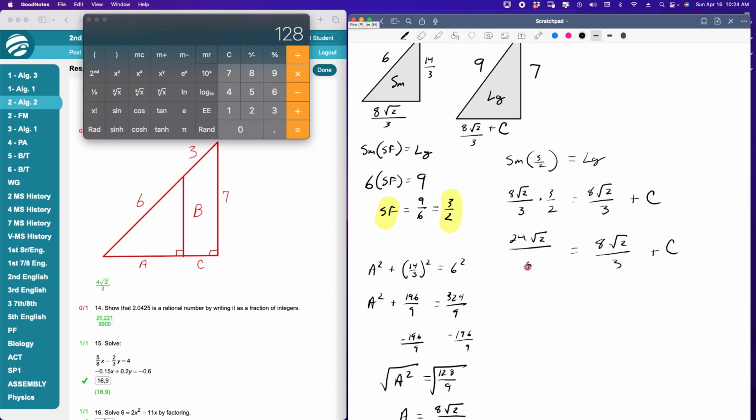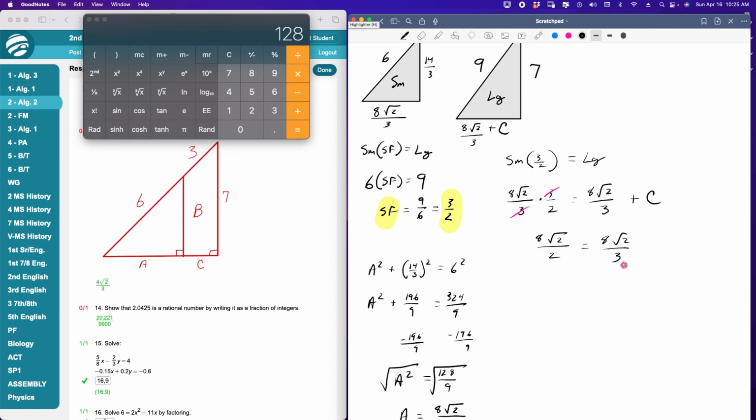Well, I want to reduce this, right? Technically, you know what? Let me back up. Technically, I could just say right away the 3's cancel here. So my answer is literally, when I reduce it, 8 times the square root of 2 over 2 is equal to 8 times the square root of 2 over 3.